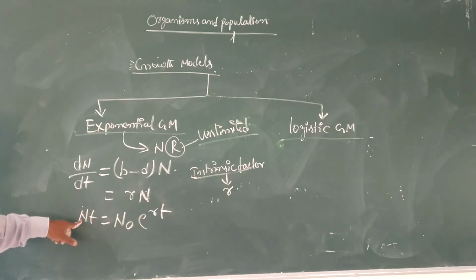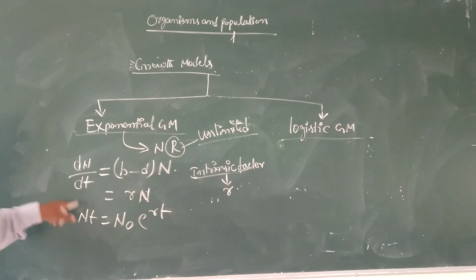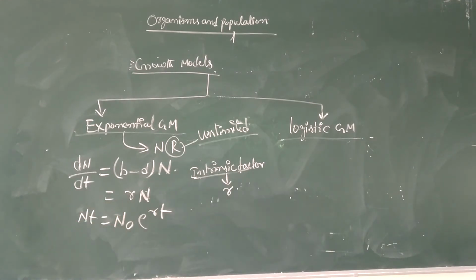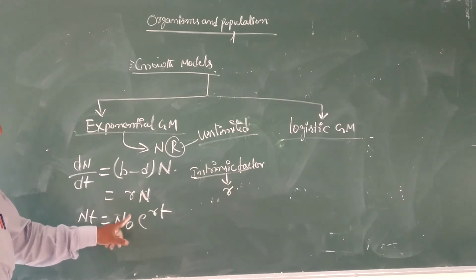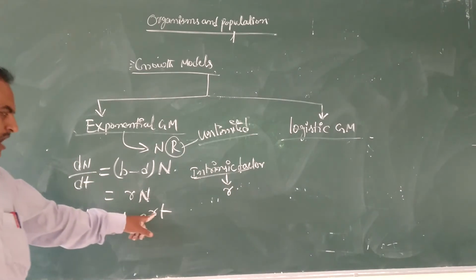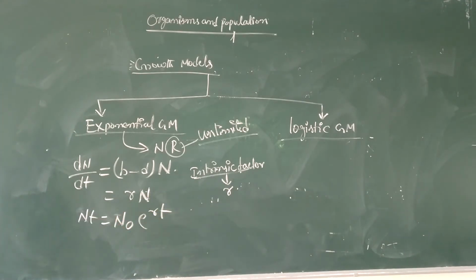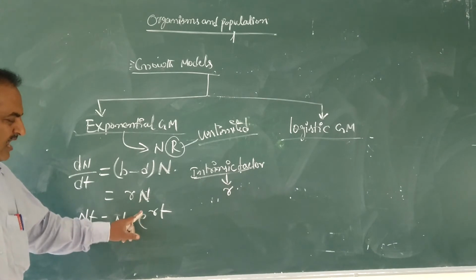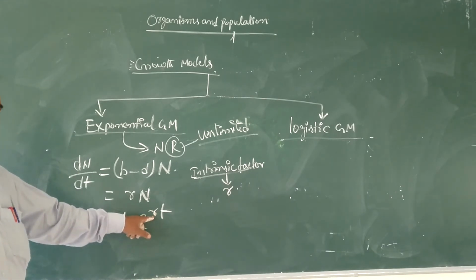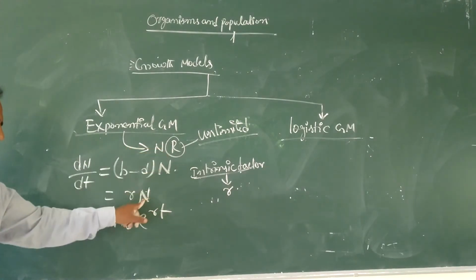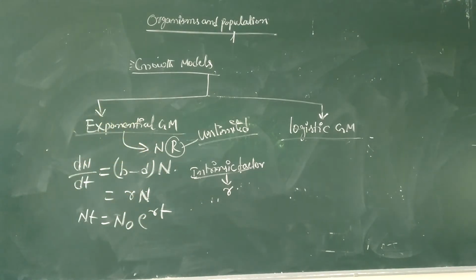Nt means population density at a given time, N0 means population density at zero time. r is the intrinsic factor, t is the time, e means the base of the natural logarithm. Here r is the intrinsic factor, N is the population density.